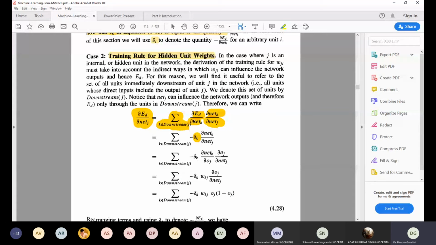So when we need to compute the partial derivative of net k with respect to net j, again we will use the same pattern of the chain rule. We multiply and divide with oj. As we know, the derivative of net k with respect to oj is wkj, because net k is the summation of wi oj.